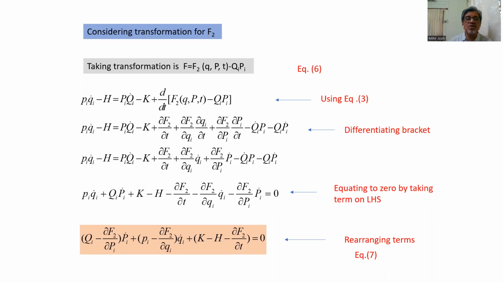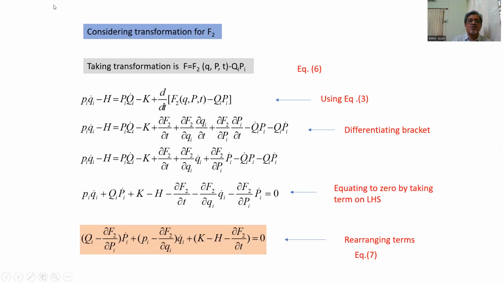So taking a transformation of this relation, now we are just using equation number 3, where we have the relation pi q dot i minus H is equal to, now we are putting the value, that is capital Pi Q dot i minus K plus the value of f. So it is d by dt of f2, small q, capital P, t minus Qi Pi, both are capital letters.